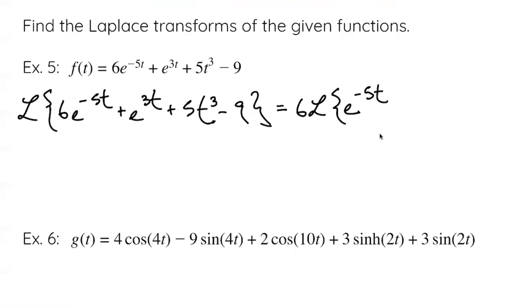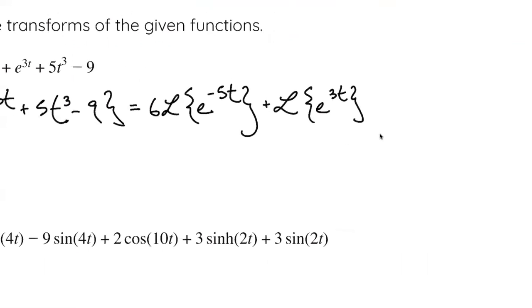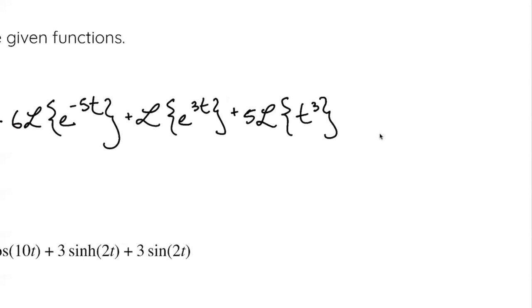So minus 5t, plus the Laplace transform of e to the 3t, plus 5 times the Laplace of t cubed, minus 9 times the Laplace transform of 1, right?